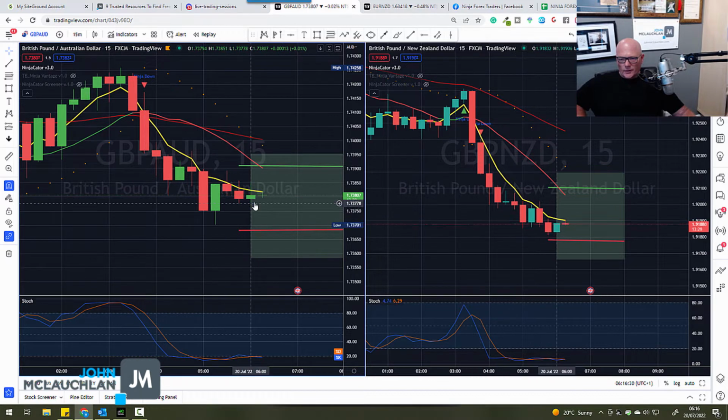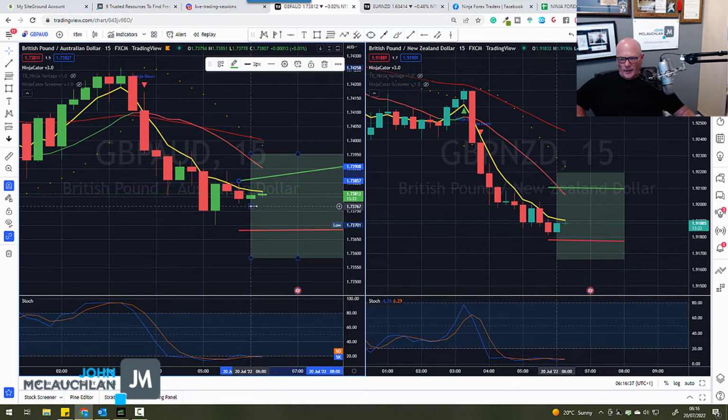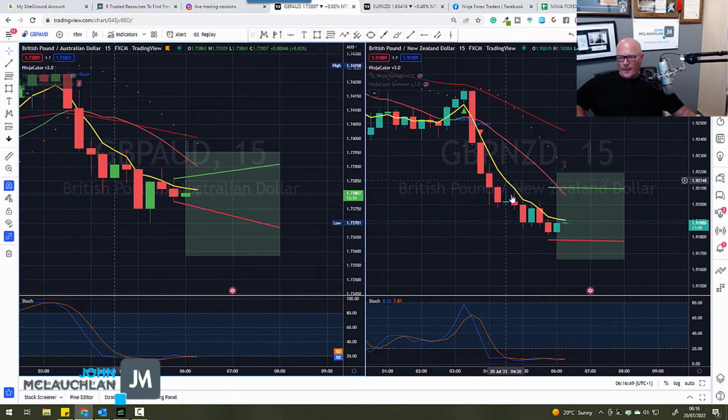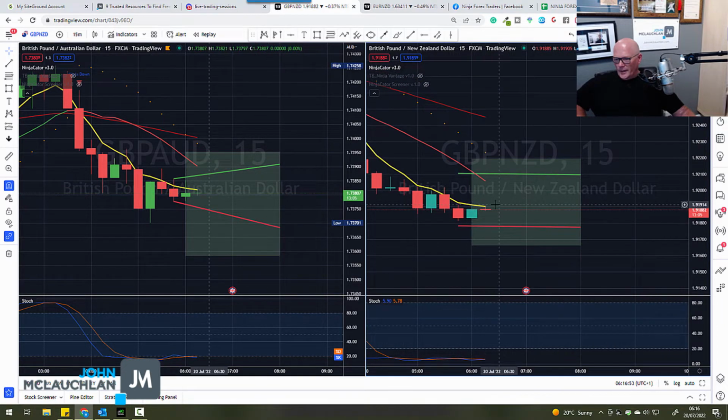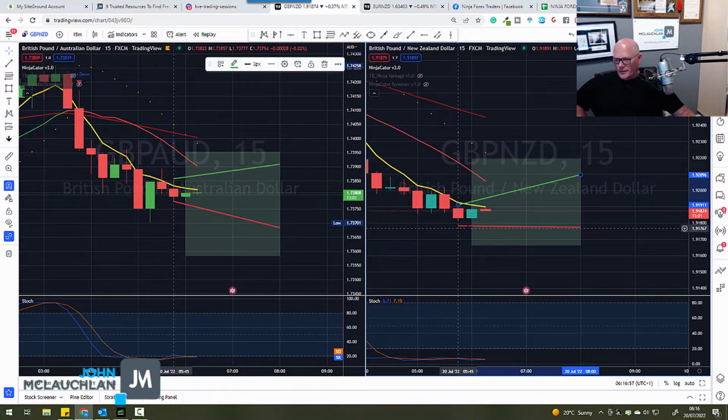We'll put the magnet tool back on. So this is the candle. The higher high next to this one is the same, it's this one here. And the lower low, they're about the same. No, I think the lower low is the red candle. Just tight, just a little bit. Do the same for this one. The higher high next to this one is, looking at these, you'd think it was the same pair.